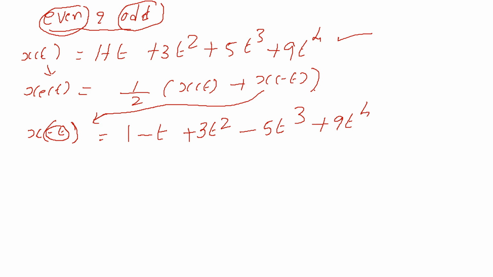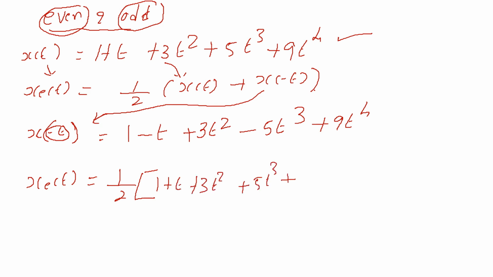So I can write xe of t is equal to half times x of t, the even signal, written as it is. So 1 plus t plus 3t square plus 5t cube plus 9t4.